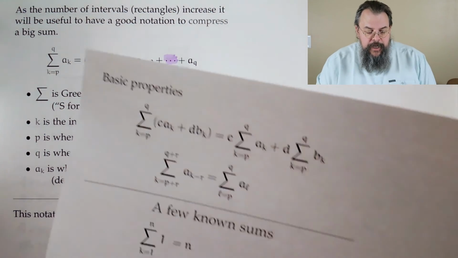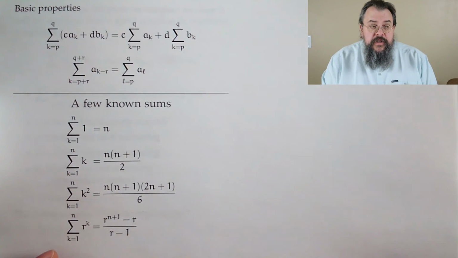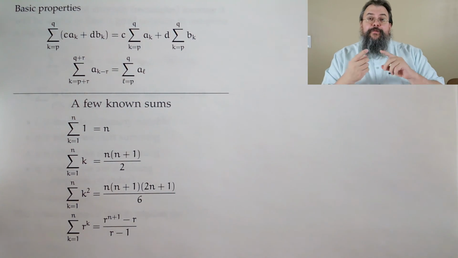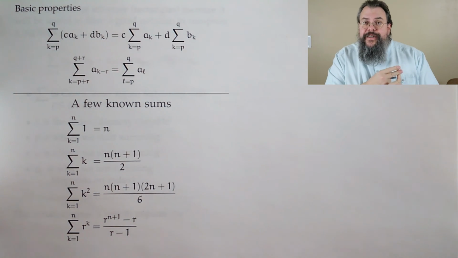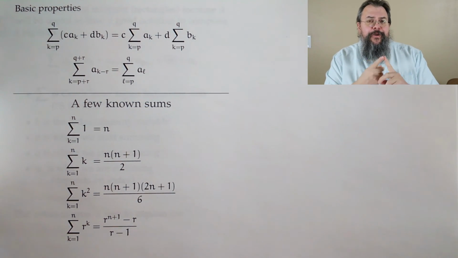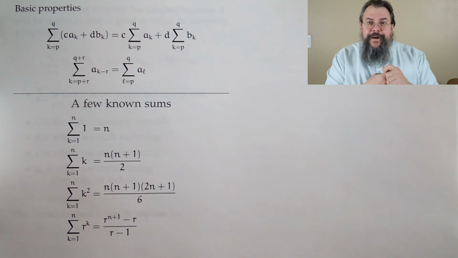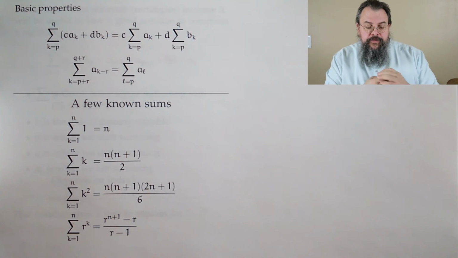Now, a couple of basic properties. The first thing should really come as no surprise, which is sums work really well with addition and pulling out constant factors. You're like, wow, we've heard that before, haven't we? Things like derivatives work really well with sums and pulling out factors. And also, I guess, the antiderivatives. That's something we talked about recently.